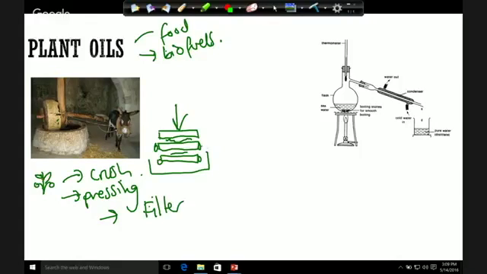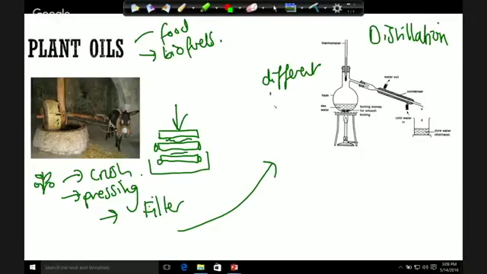Now, once they've done that, they might have to filter the stuff that comes out, because you imagine this probably has little bits of plant material and things in as well as oil. So they might have to filter it, or they could distill it in this distillation process, which is a bit like fractional distillation. You are heating something up and you separate them because they have different boiling points.